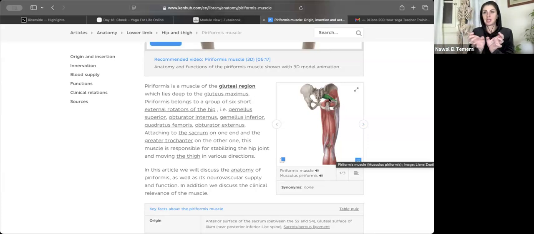So remember, we were talking about clenching the butt muscles and how it will turn the hips more open. When I rotate out, my piriformis is shortening in combination, in sequence with the glute muscles. So they're all working together.